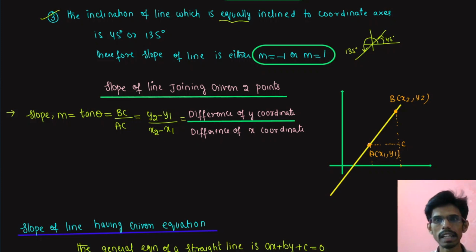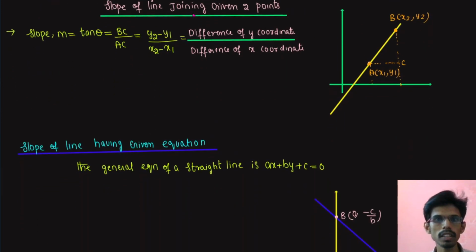So it is equally inclined. This is called equally inclined, 45 degree or 135 degree. The slope will be either in quadrant 1, the slope will be positive. In quadrant 3, slope will be negative.